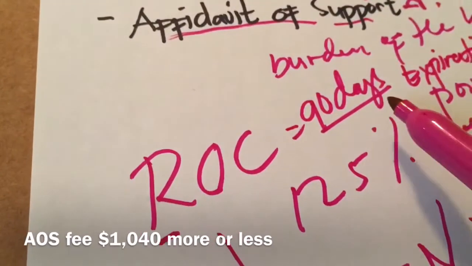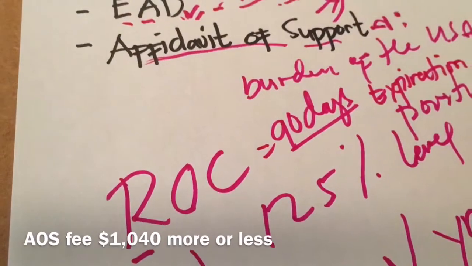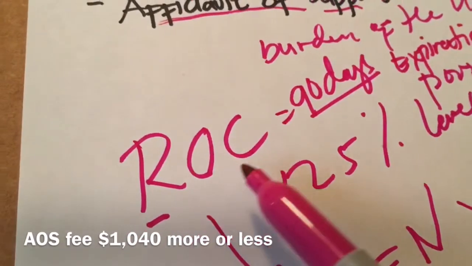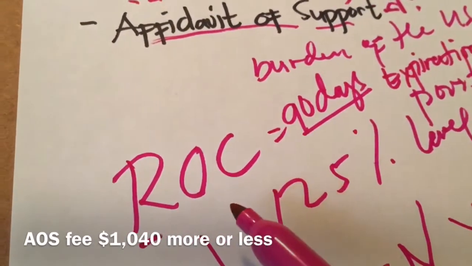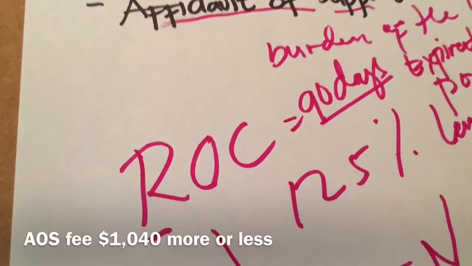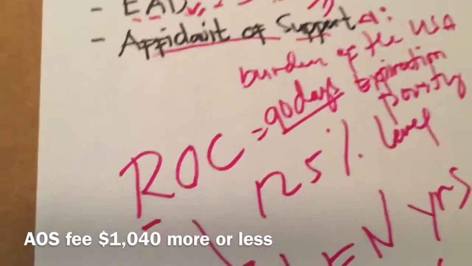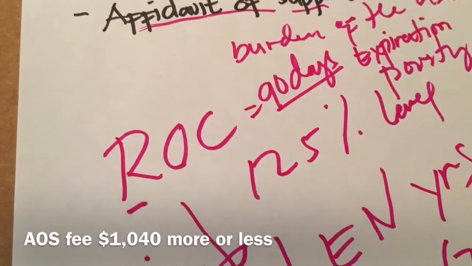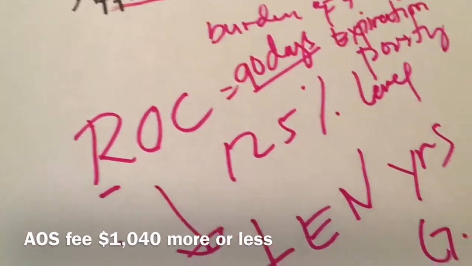Then 90 days before the expiration of your green card, you can file for ROC. It's the removal of conditions that gives you 10 years residency. And that's it.